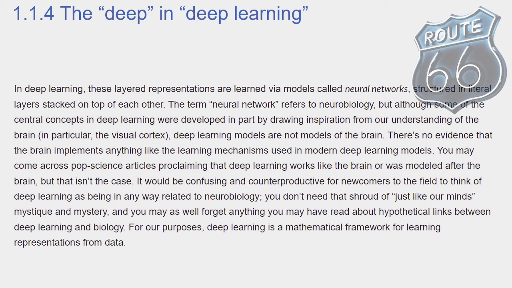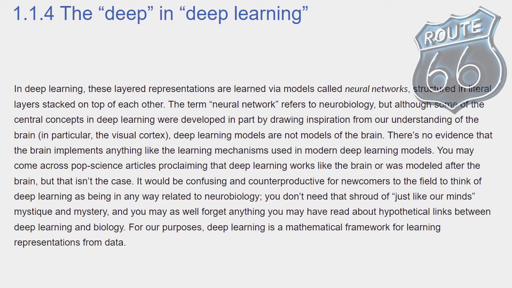But although some of the central concepts in deep learning were developed in part by drawing inspiration from our understanding of the brain, in particular the visual cortex, deep learning models are not models of the brain. There's no evidence that the brain implements anything like the learning mechanisms used in modern deep learning models. You may come across pop science articles proclaiming that deep learning works like the brain or was modeled after the brain, but that isn't the case.